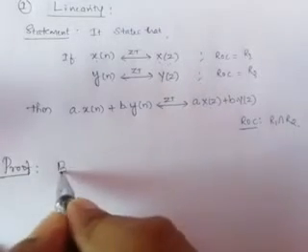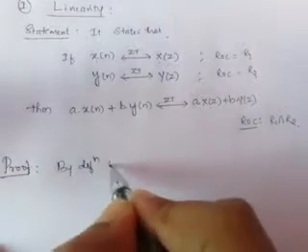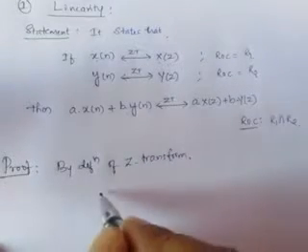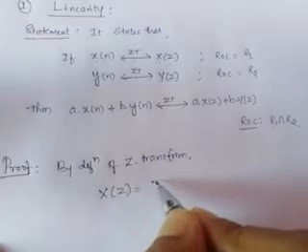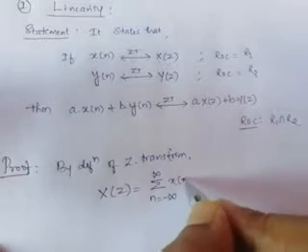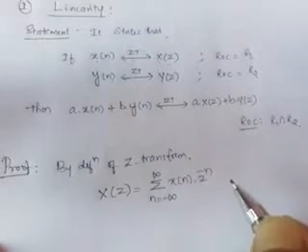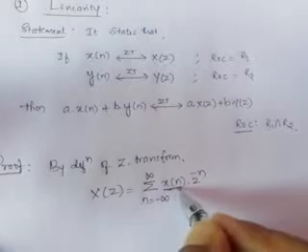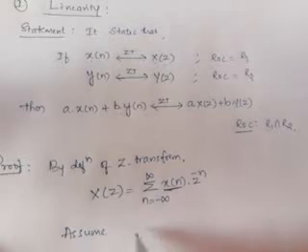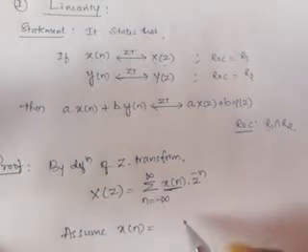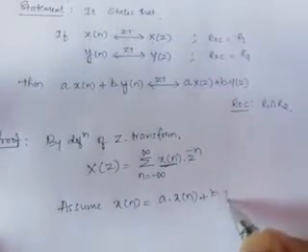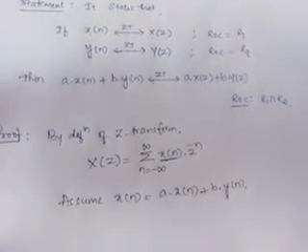So by the definition of Z transform, I will write x of z is equal to summation n equal to minus infinity to plus infinity x of n z to the power minus n. Here I will consider x of n as the combination of these two signals, a into x of n plus b into y of n, where a and b are constant terms.